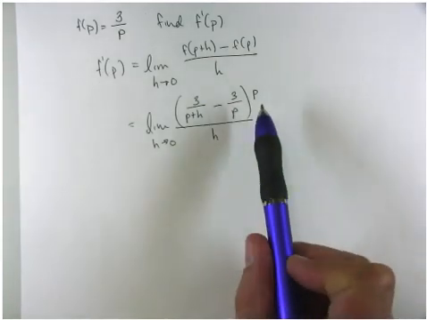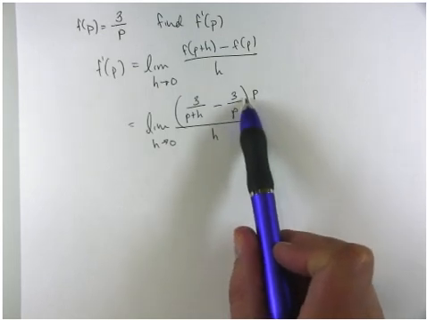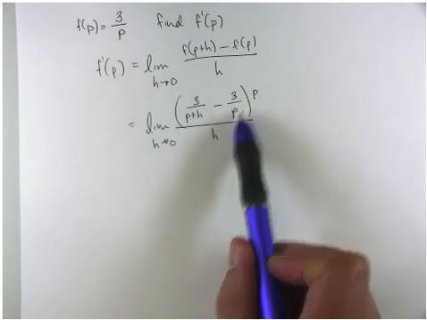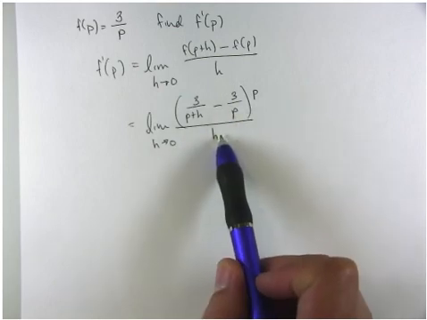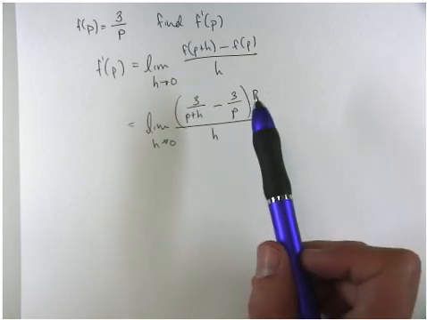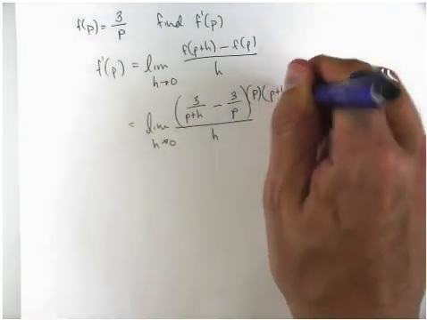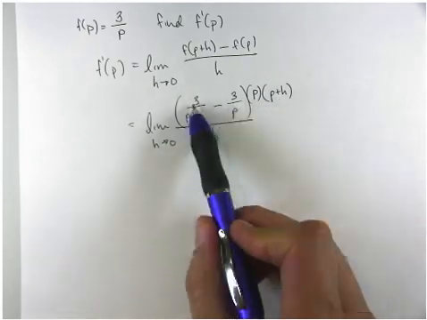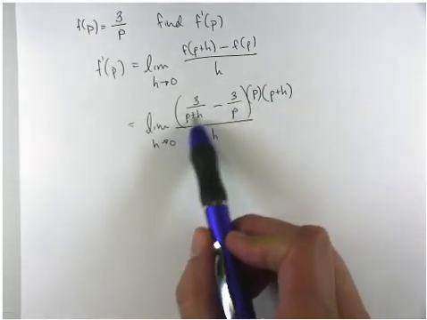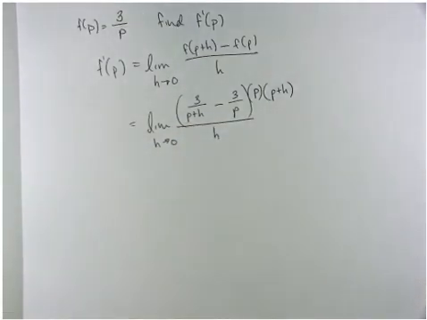Now, if this p were to distribute through, when it hits this 3 over p, I'll have times p divided by p, and they'll cancel. But when it gets over to the 3 over p plus h, it won't cancel anything over here. So I'm also going to have to multiply by p plus h, so that when it distributes through, it'll cancel this p plus h. But you can't just run around multiplying fractions by whatever you want.